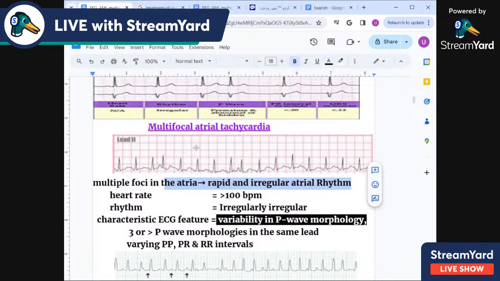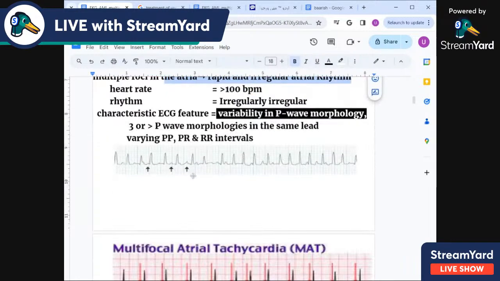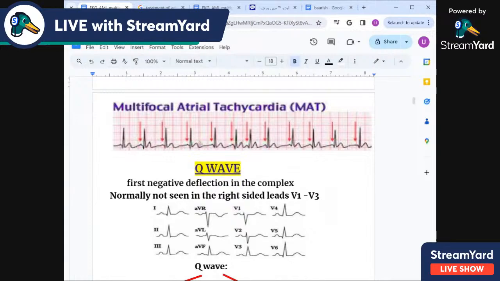And the characteristic feature is that the P wave has a different or variable morphology in the same lead. If you see here, the P wave morphology is different in the same lead. Then this one also has different P wave morphology.